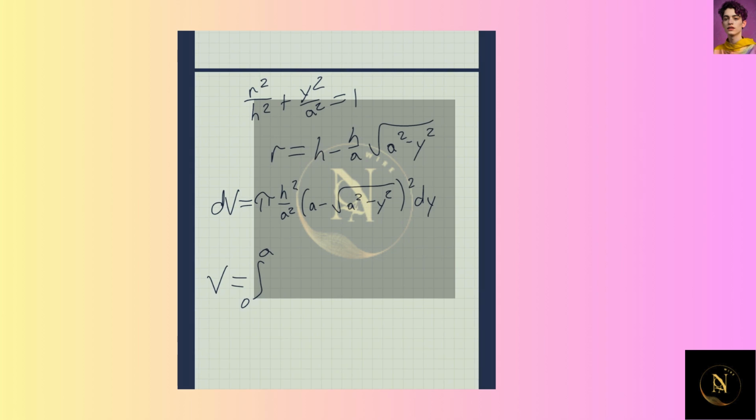Now we can plug that back into our equation for volume and take the integral from 0 to a to get the total length of this object.